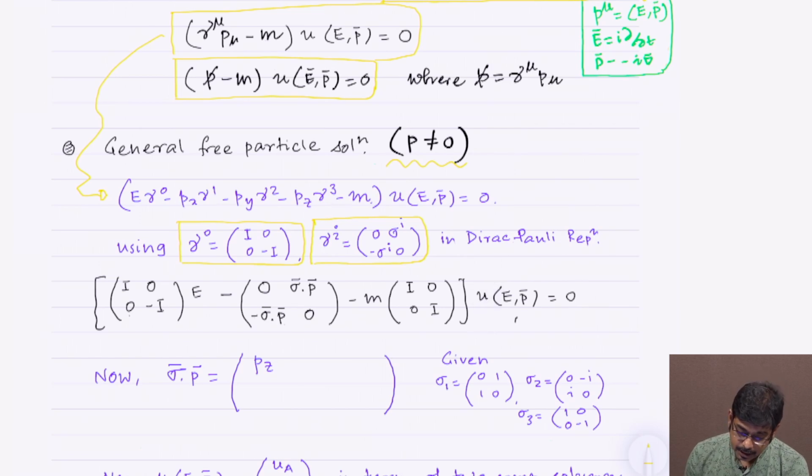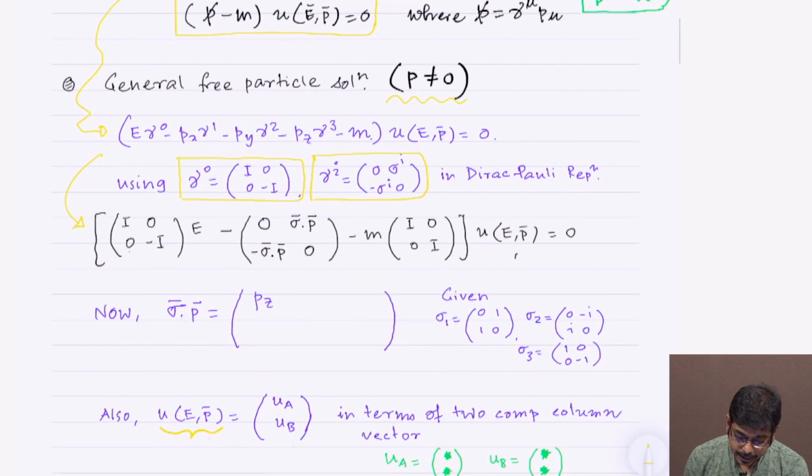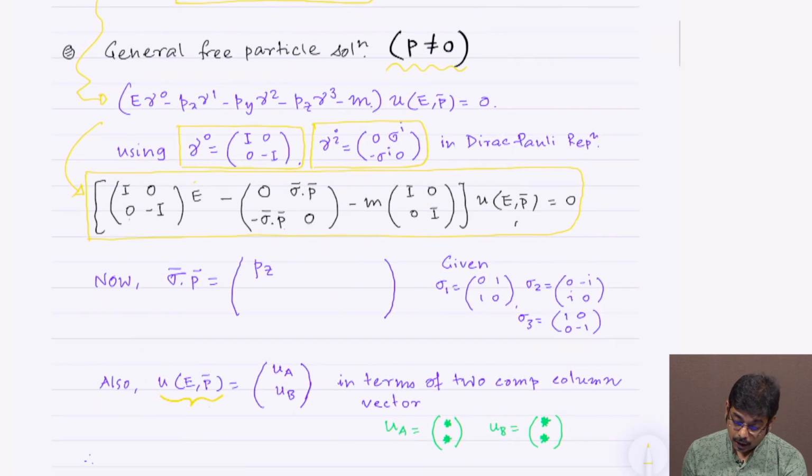So now if we explicitly put it here, how exactly does this equation look? It will be (1 0; 0 minus 1) times E, minus (0 sigma dot p; minus sigma dot p 0), minus m (1 0; 0 1), acting on u(E,p), equal to 0. So this is exactly how the Dirac equation now looks if you put in the gamma 0 and gamma i explicitly, correct? All right.